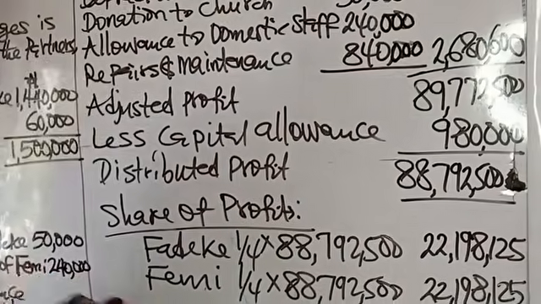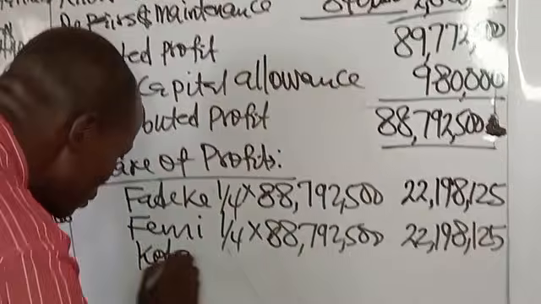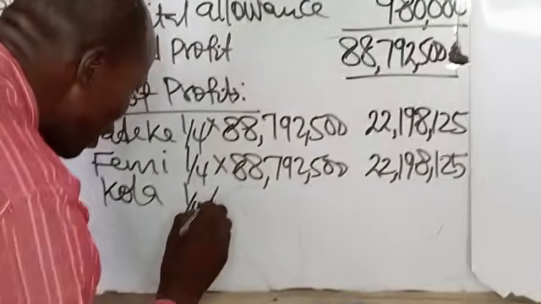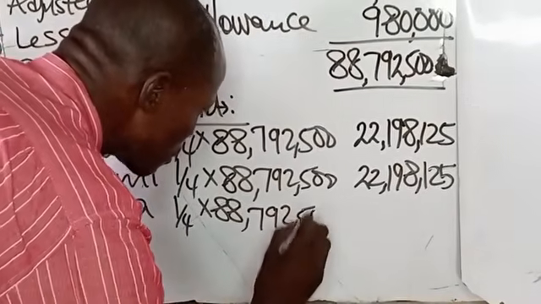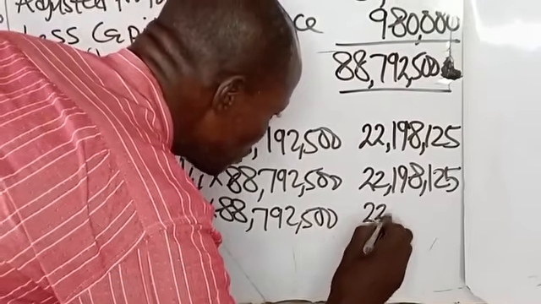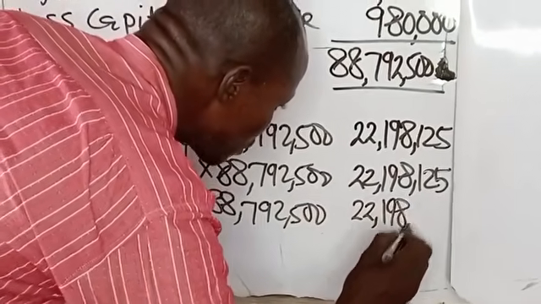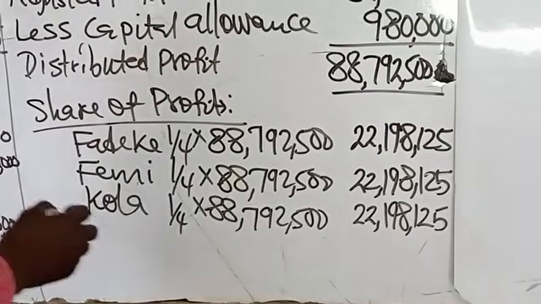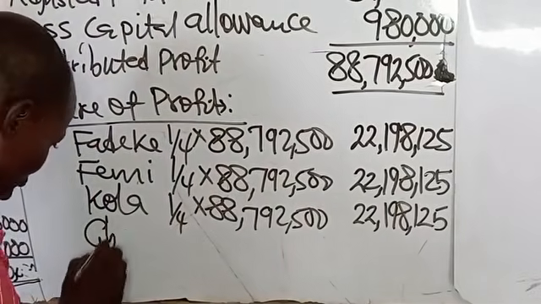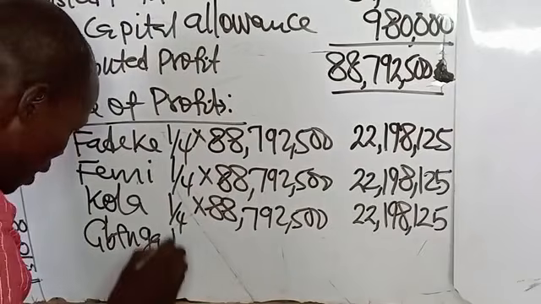The third partner is Kola. Kola will equally receive 1/4 of the profit, 22,198,125. While the fourth partner is Benga. Benga will equally receive 1/4 of the profit.